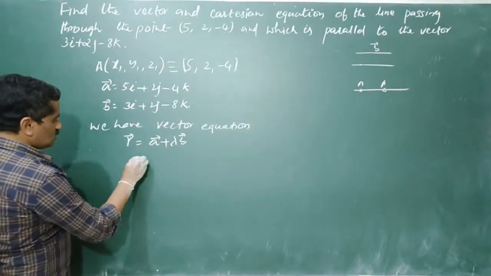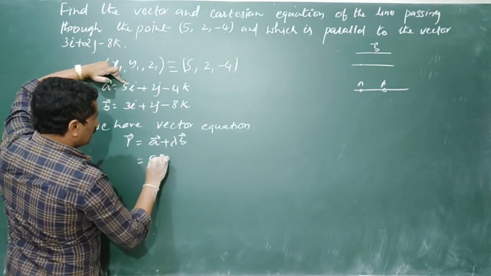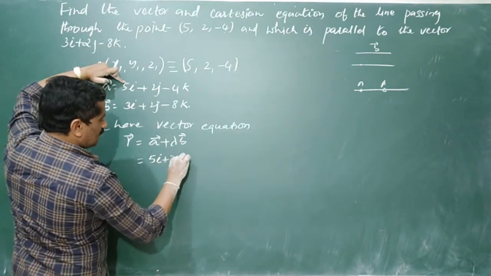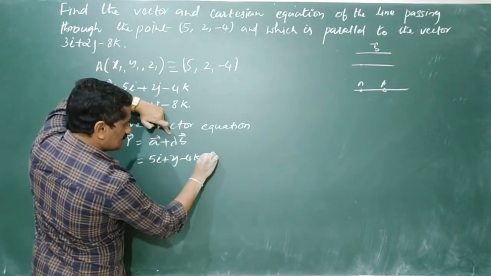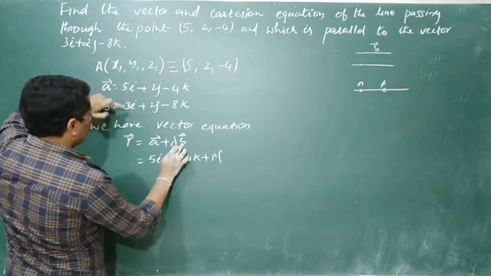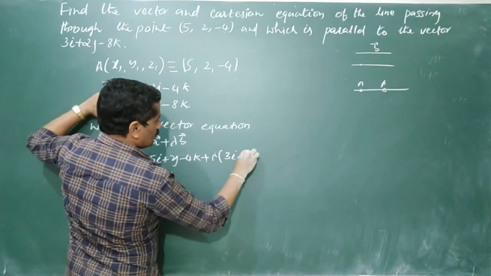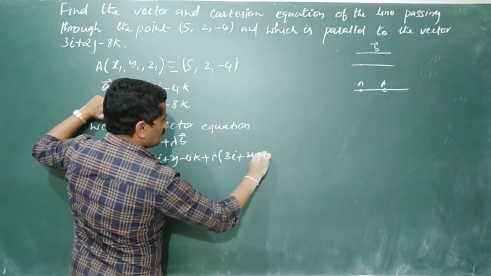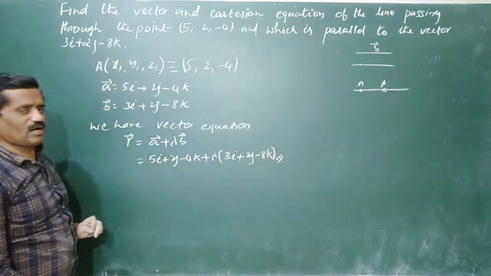Here we have a bar = 5i + 2j - 4k, plus lambda as it is, lambda of b bar, we have 3i + 2j - 8k, which is the vector form.